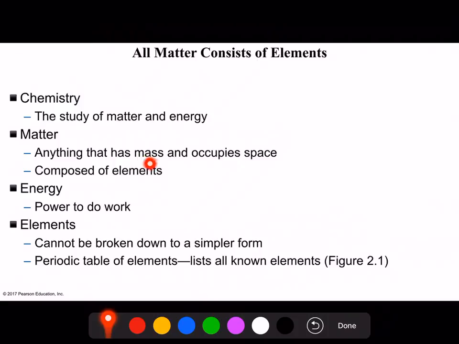So anything that has mass and takes a space, we will say that this is a matter. Then we need energy also.